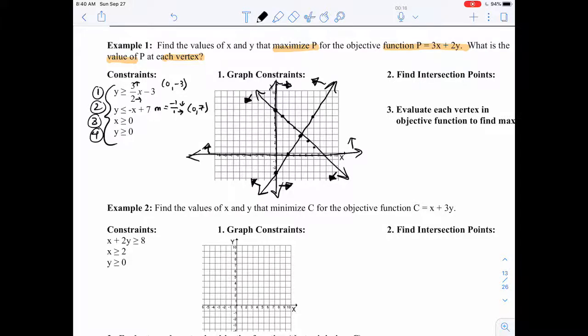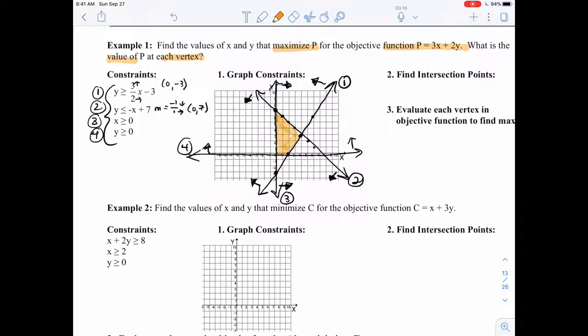Again, in our first equation, we'll label that 1. That's the boundary. The second boundary, the third boundary, and our fourth boundary. If we put our pencils on these boundaries and use that to drop or go above to shade, we will notice that the feasible region, we need to be below this line, above this line, to the right of the vertical line, and above our horizontal line.